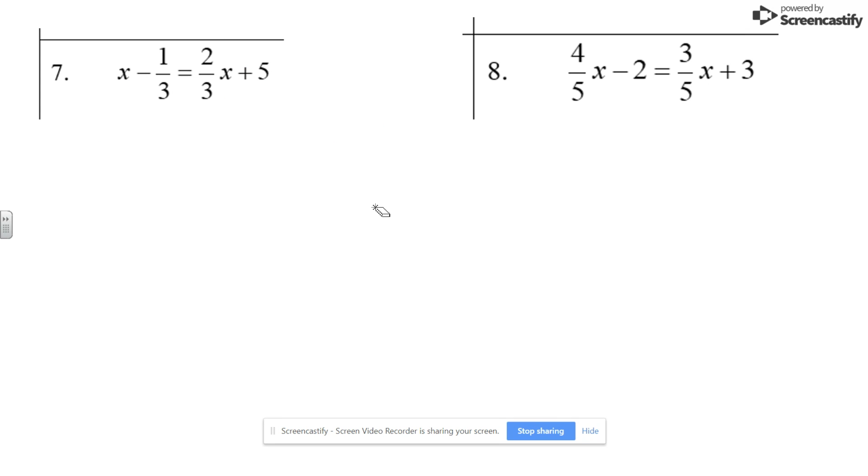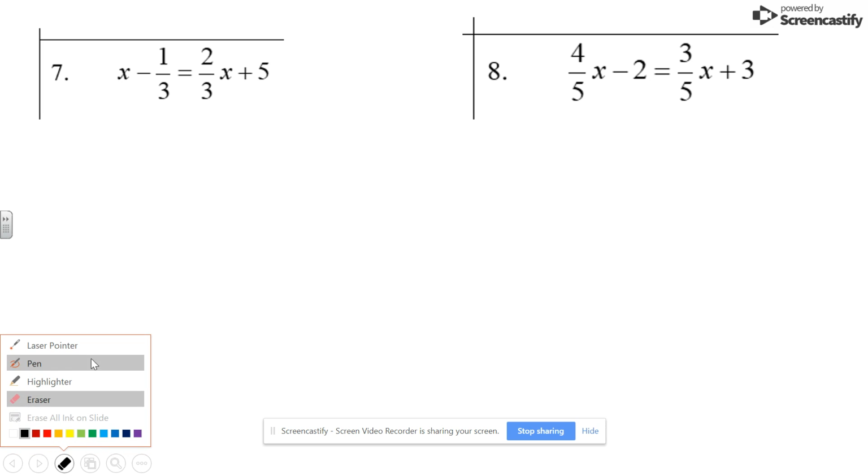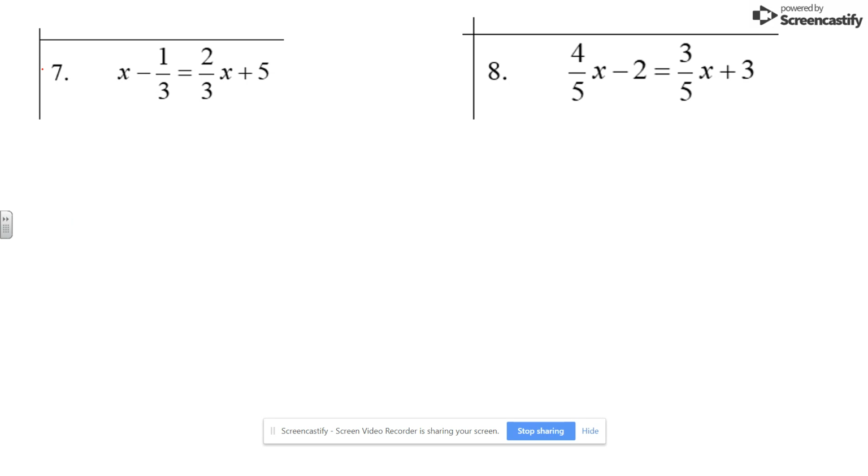Okay, now we have some fractions that are in the actual problem, like dealing with fractions, both the process and the algebra. This is about as fun as it gets. If I see two fractions that have denominators that are common, I'm probably just going to get rid of the fraction by multiplying everything by a common denominator.